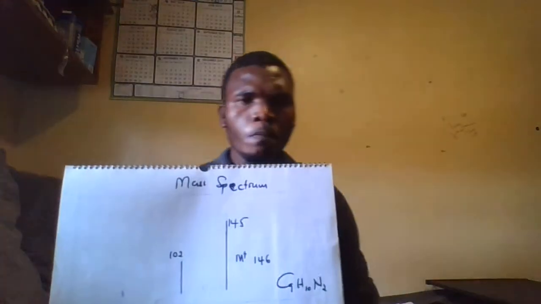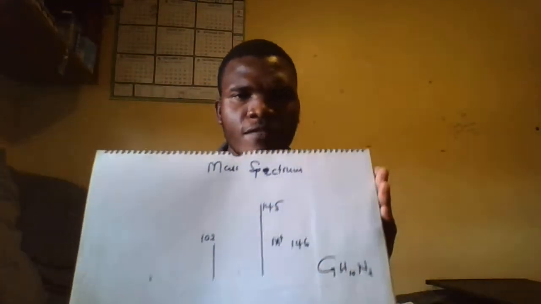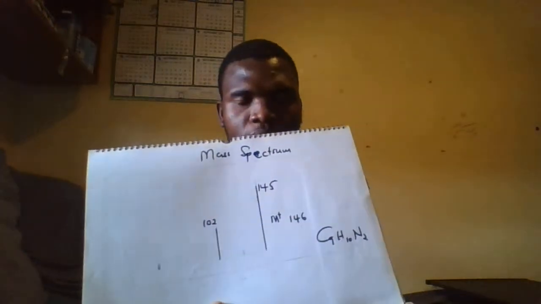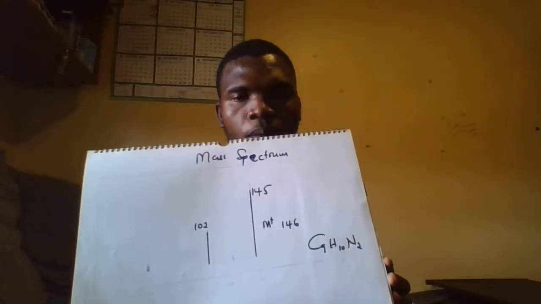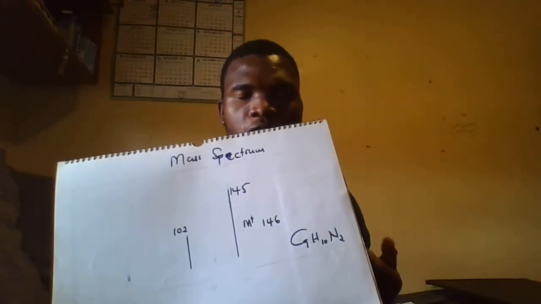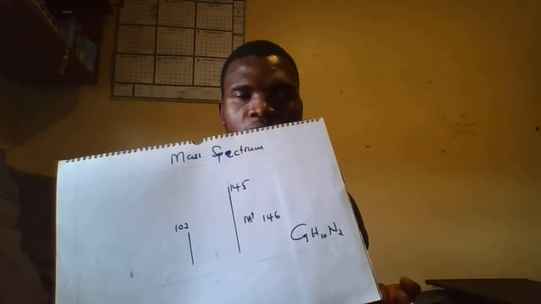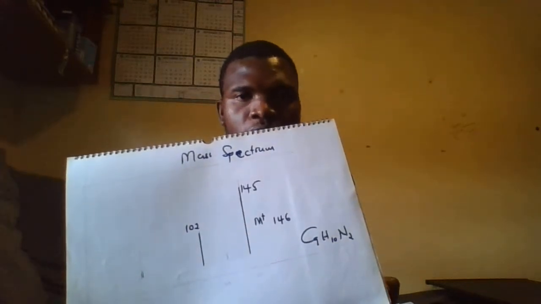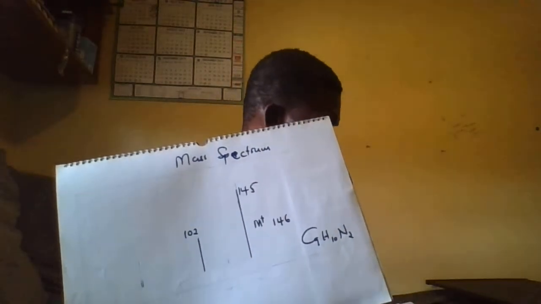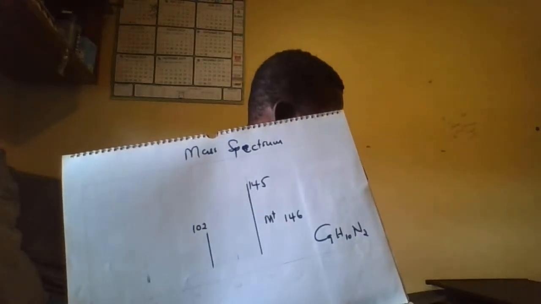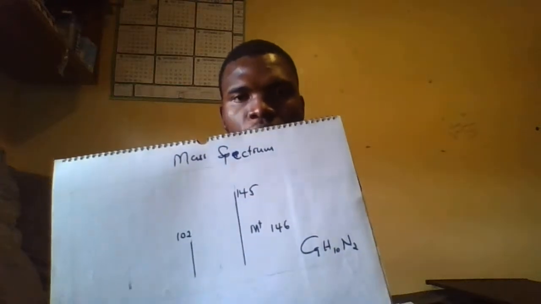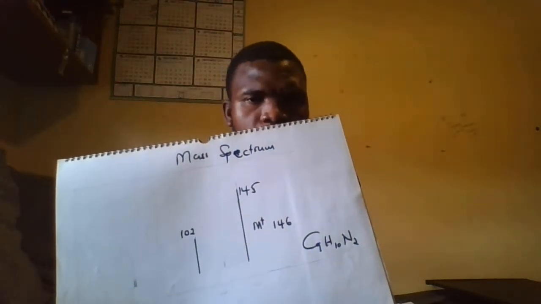Rule of thumb: when you get the information from the mass spectrometer, it helps you have an idea of the molecular formula of the compound that you're dealing with. The parent peak, the M+, will give you the clue of the molecular formula.